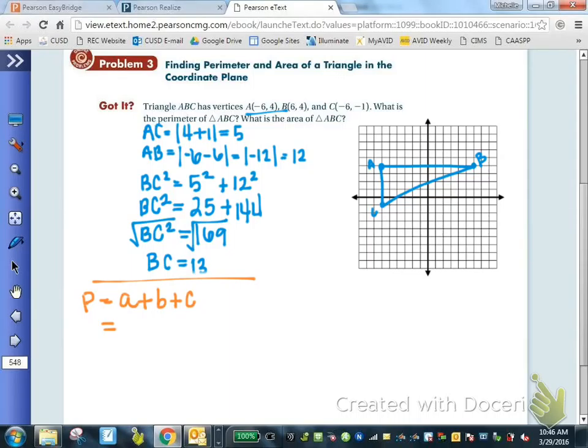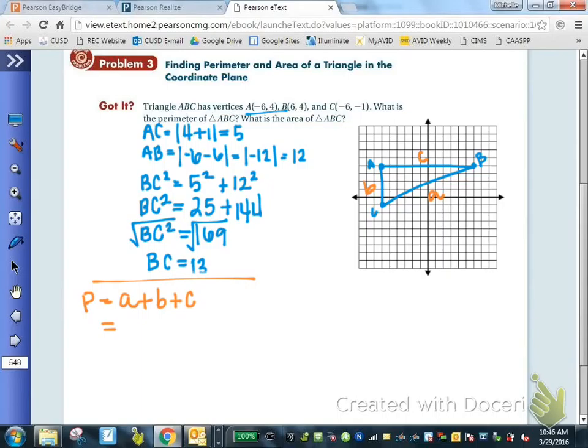So across from vertex A, we would call that lowercase a. This one across from C would be lowercase c, and this one across from B would be lowercase b. Just so you know. But it kind of goes against our a squared plus b squared equals c squared for right now. Good? Okay.